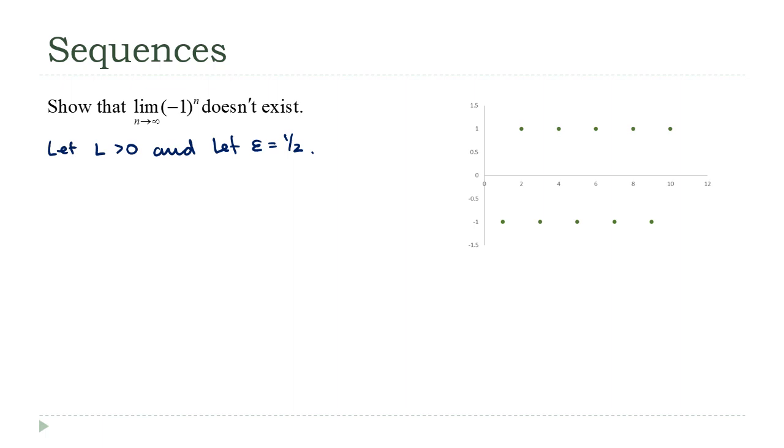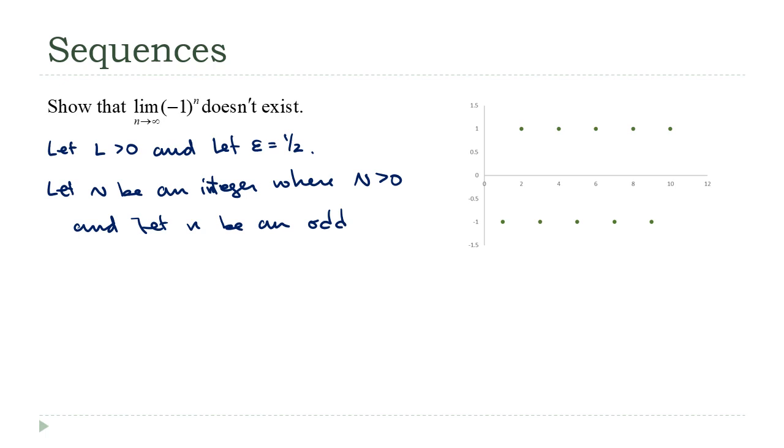So for this value of epsilon, if we choose any value of capital N, so let N be an integer where N is greater than 0, and let lowercase n be an odd number greater than N. In this case, what happens?